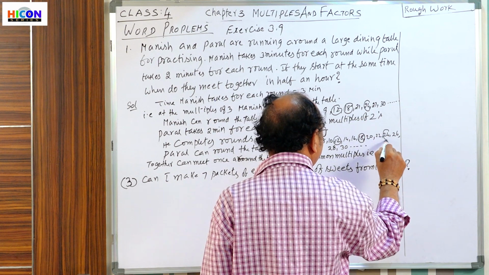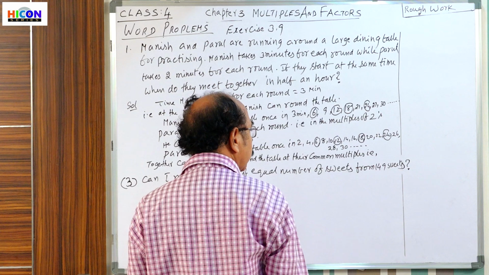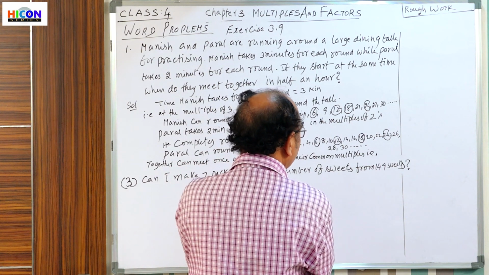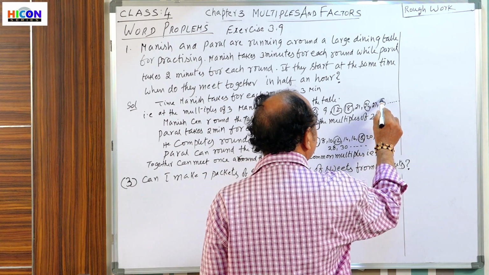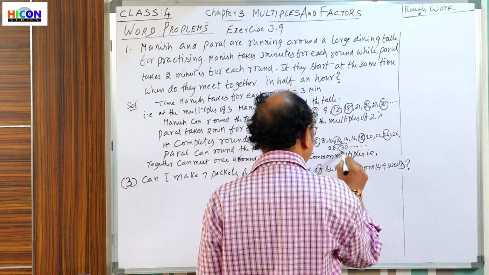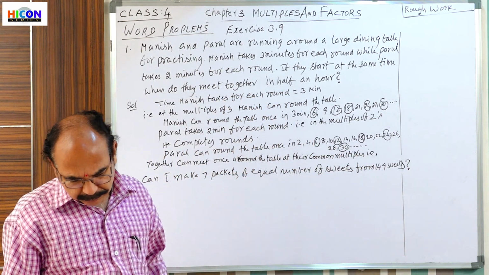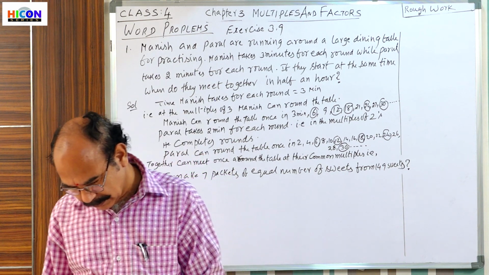Here 24, here 24. Okay, children. And here 30 also. 30, here 30. At their common multiples they can meet.